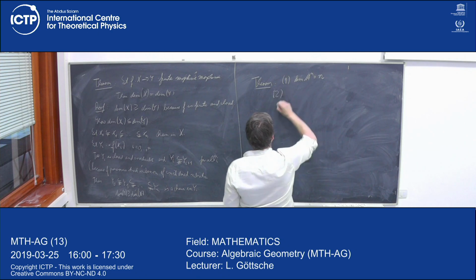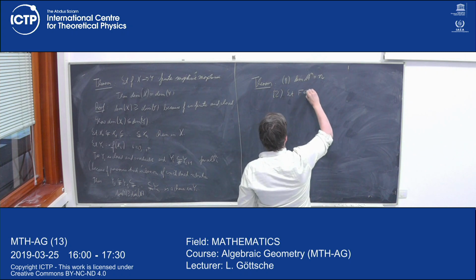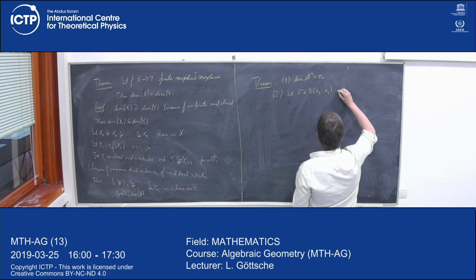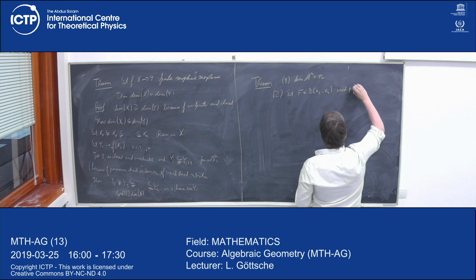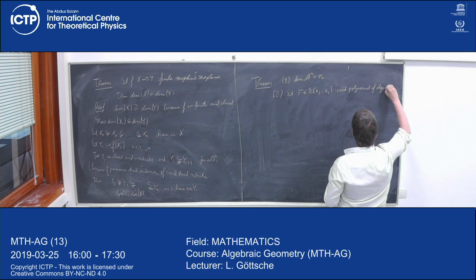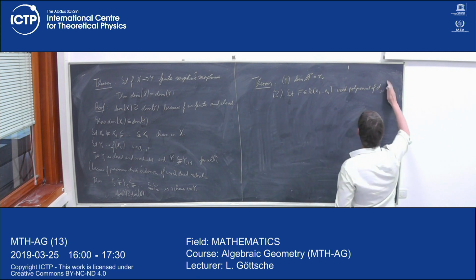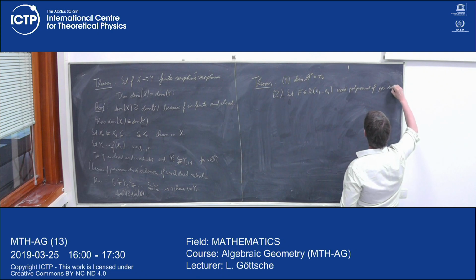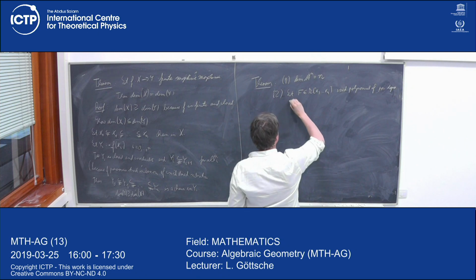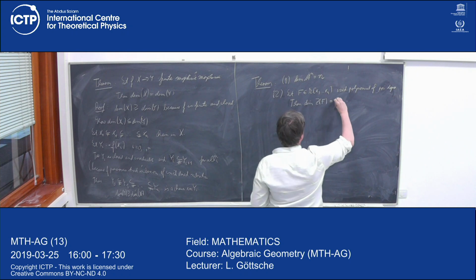The second is that if I have a hypersurface, that is f in k[x1,...,xn], an irreducible polynomial of positive degree, so it should not be a constant polynomial, then the dimension of the zero set of f is precisely n minus 1.